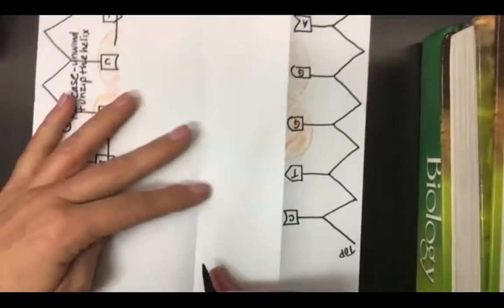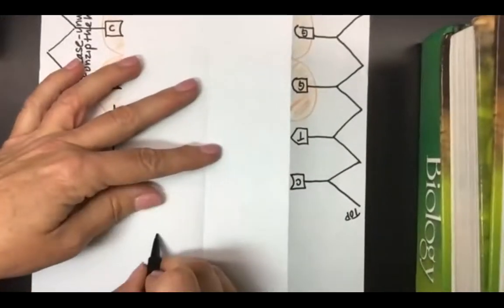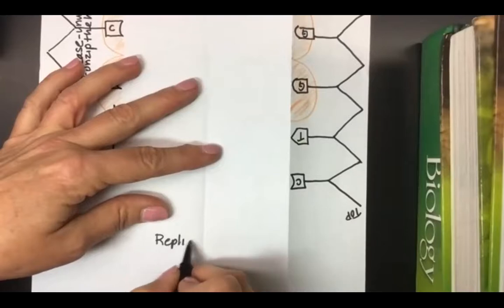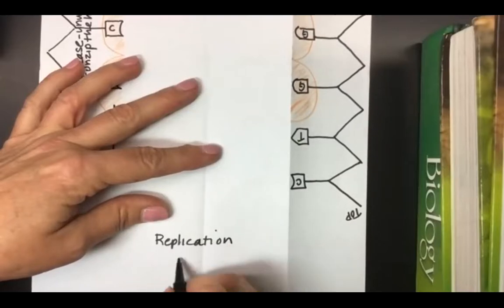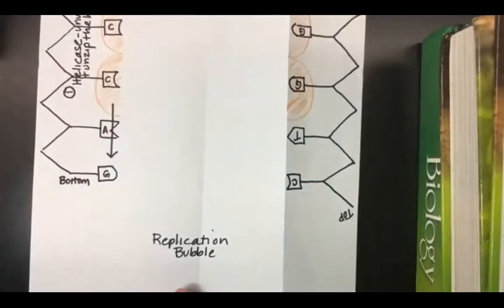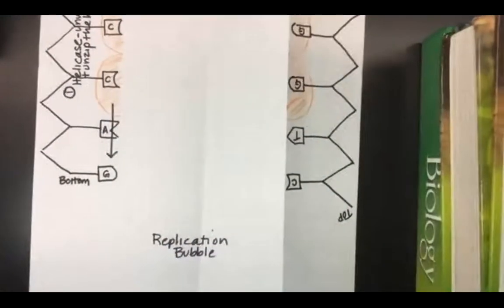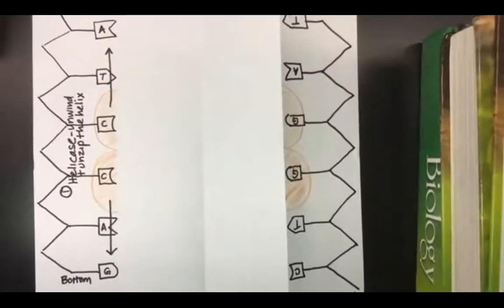And I'm going to label that down here at the bottom. The replication bubble is just the space that's opening up in between. And this is creating space where the workers can get in to do their job.